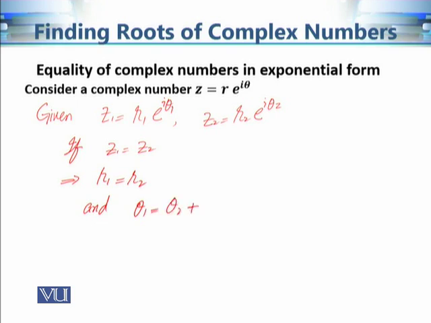But that's not exactly true, as we have observed that if I travel 2 pi units in the counterclockwise or clockwise direction, then I'll be reaching the same point. So theta 1 is in fact equal to theta 2 plus 2k pi. So there is a difference of 2k pi between theta 1 and theta 2. Now this observation is going to be used in our root finding.